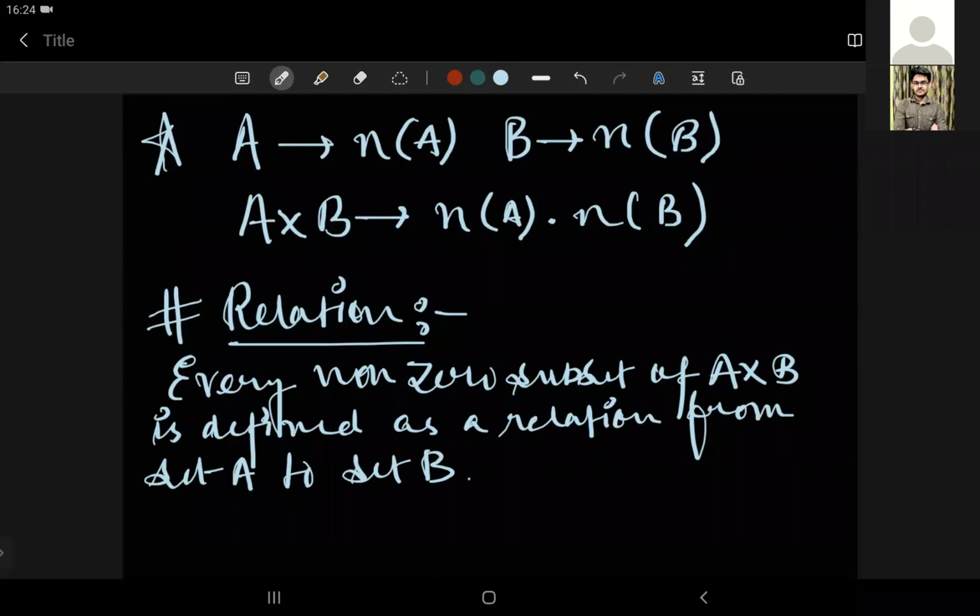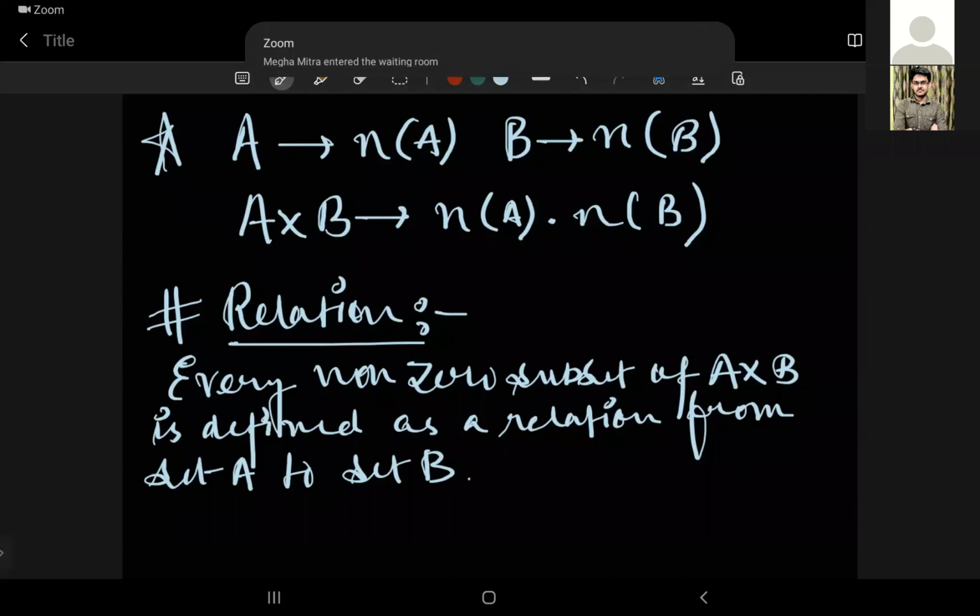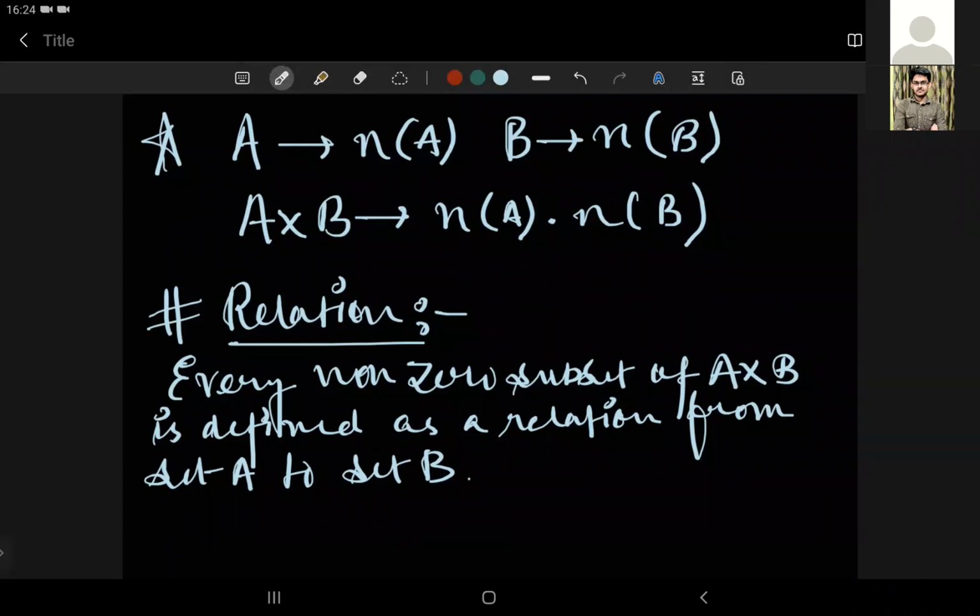Can someone tell me which type of operation a relation is? A linear operation, a binary operation? What type of operation is it? Anyone? Can you repeat once? What type of operation is a relation? Is it a linear operation or a binary operation?